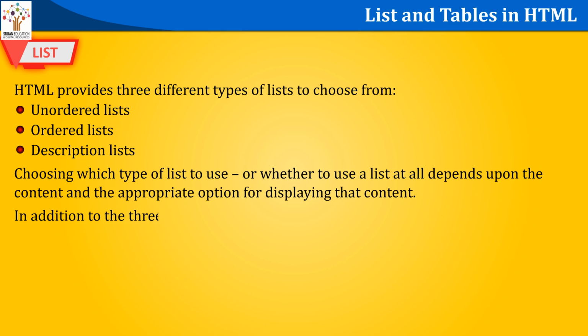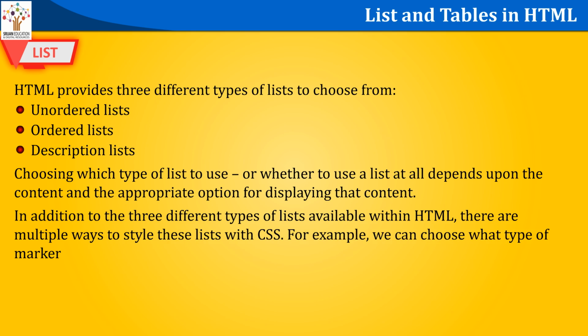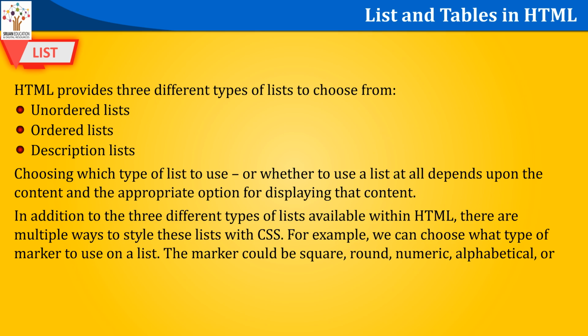In addition to the 3 different types of lists available within HTML, there are multiple ways to style these lists with CSS. For example, we can choose what type of marker to use on a list. The marker could be square, round, numeric, alphabetical, or perhaps non-existent.